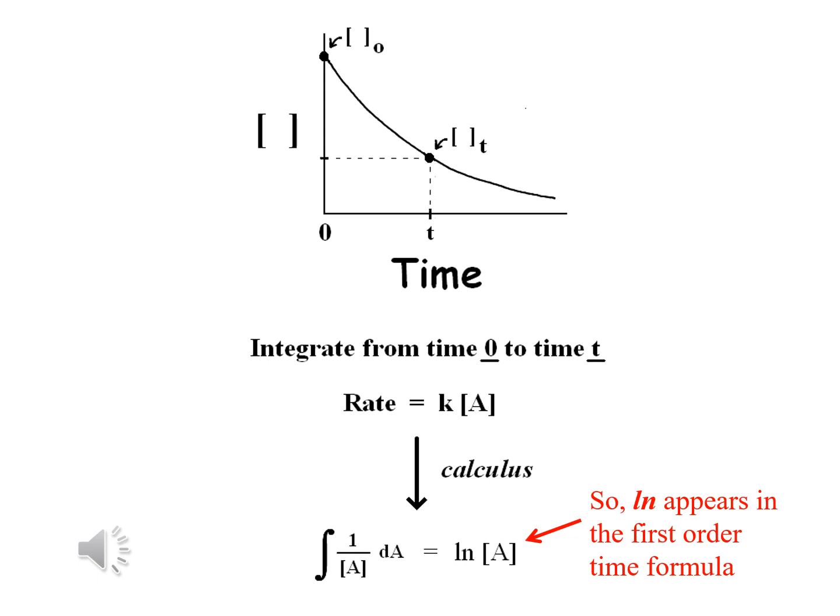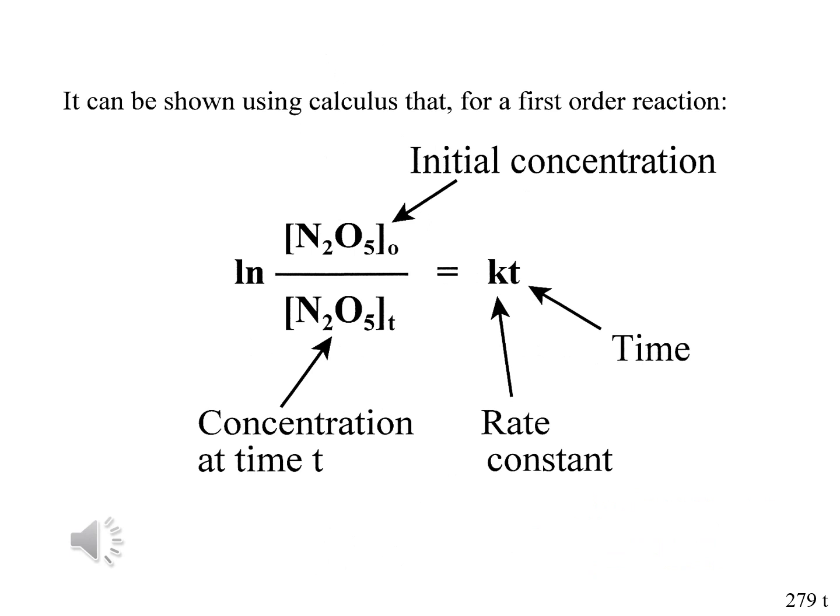These are not the base 10 logs that we were using for pH. This is a new kind of logarithm that has a different base, and we're going to talk about that. They work the same way as base 10 log, but the base is different, and so is the value. That's the reason why the first order time equation has ln as part of the formula.